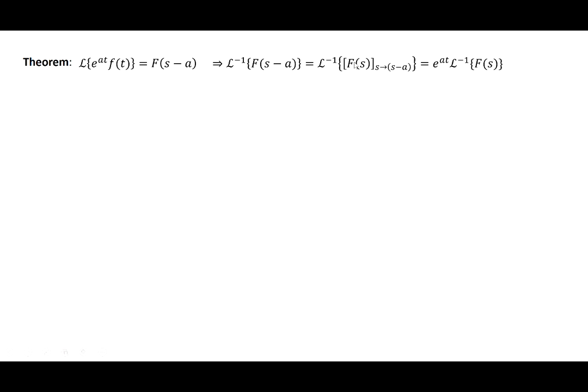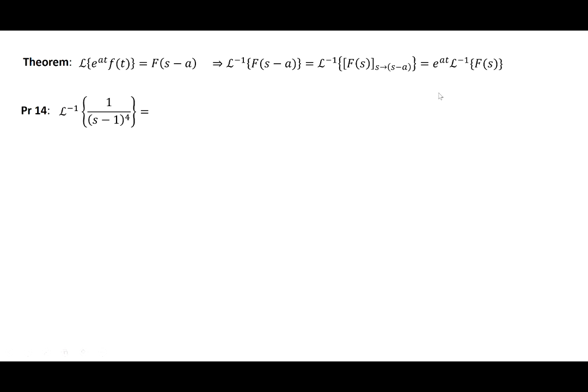The advantage of looking at F of s minus a that way is that immediately you would know what a is, which means you know e to the at. And you need to get just the Laplace inverse of F of s, and multiply that. That's the idea. So I'll do quite a few examples on this one.